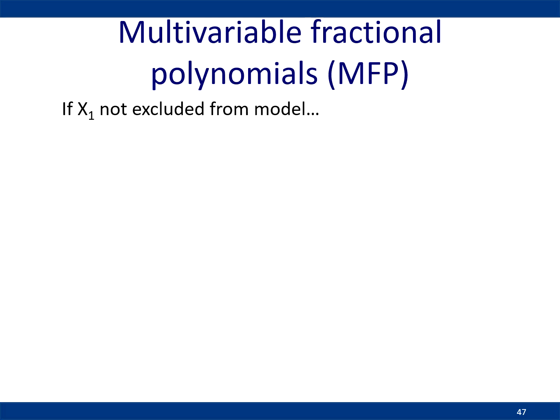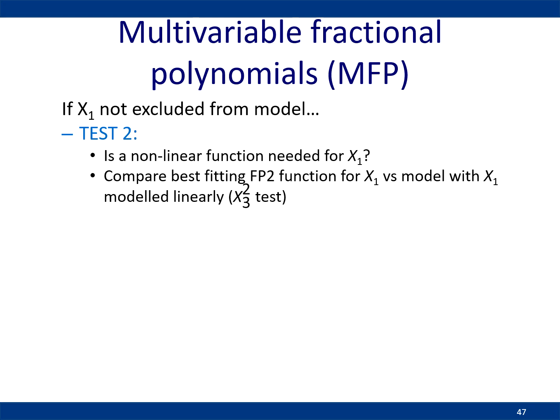Then, based on that, if x1 is not excluded from the model, we move on to the second test as part of the procedure, and this is whether variable x1 should be non-linear or not. So now it takes that function from the previous test, so this FP2 function for x1, and compares it to a model in which x1 is fitted linearly, and this is tested against a chi-squared with 3 degrees of freedom.